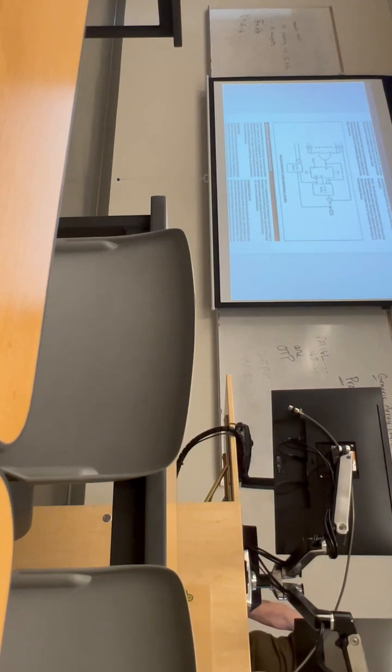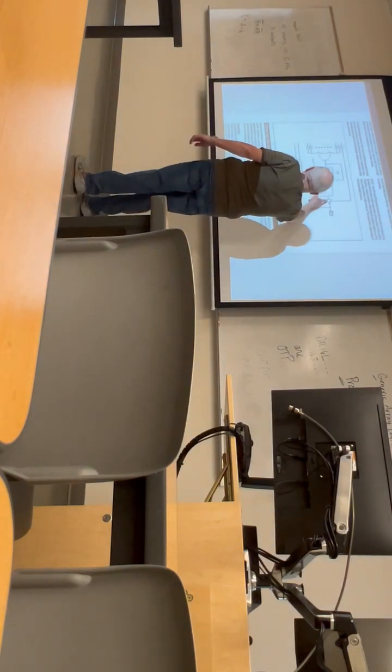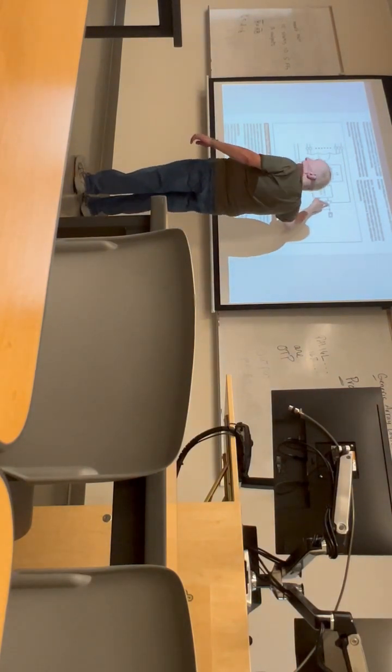Okay, so these pins that are connected to the output logic macro cell are bidirectional. I can choose to use those as inputs. Now, if I'm going to use this particular pin here as an input, then this needs to be in the high impedance mode.